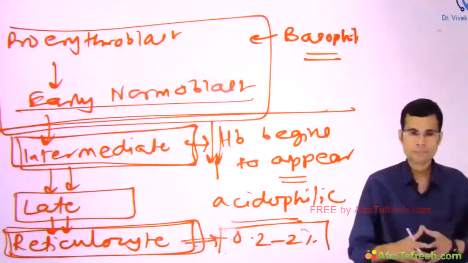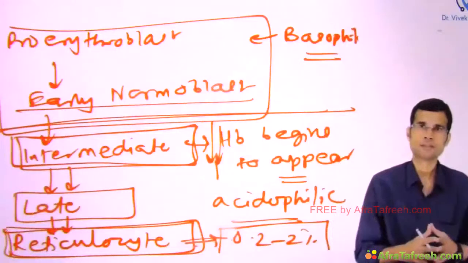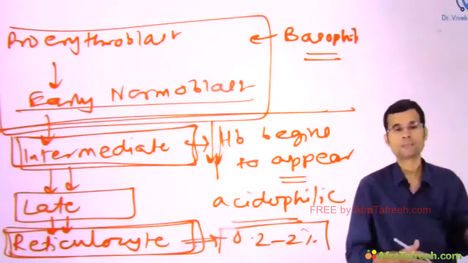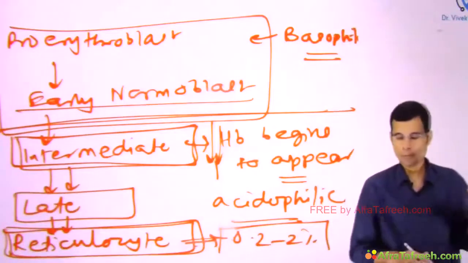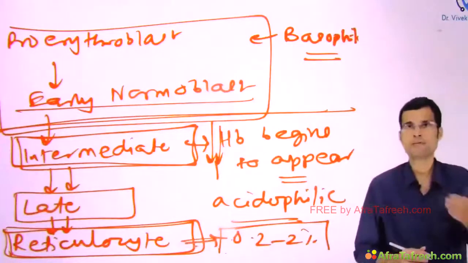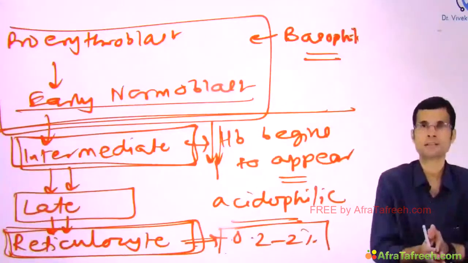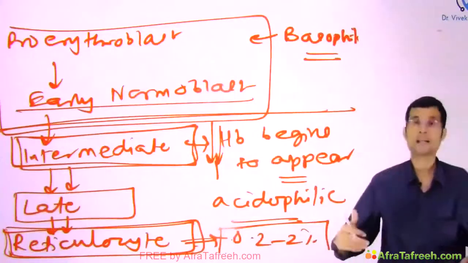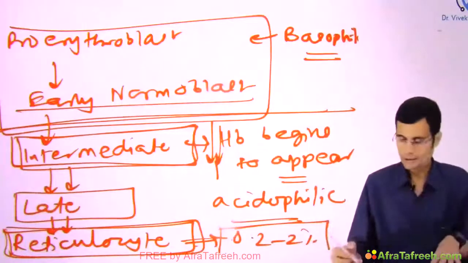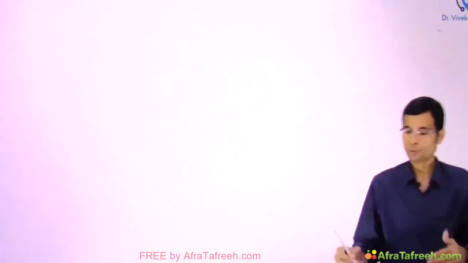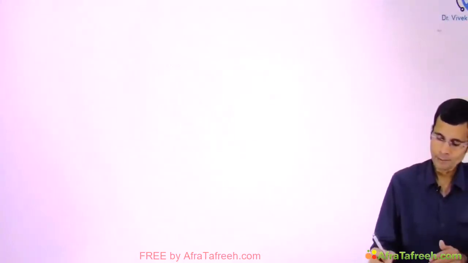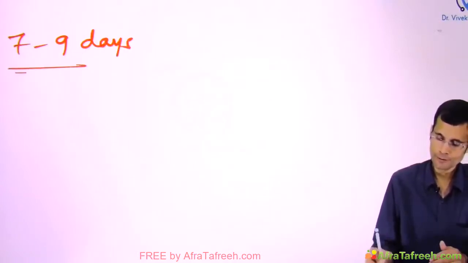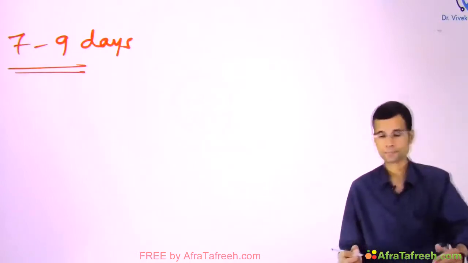So it means that due to the hypoxic situation, RBC production has been hastened, and therefore more and more RBCs are being formed faster and released faster into the circulation. The reticulocyte percentage in the peripheral blood is higher. The entire erythropoiesis process takes about 7 to 9 days.